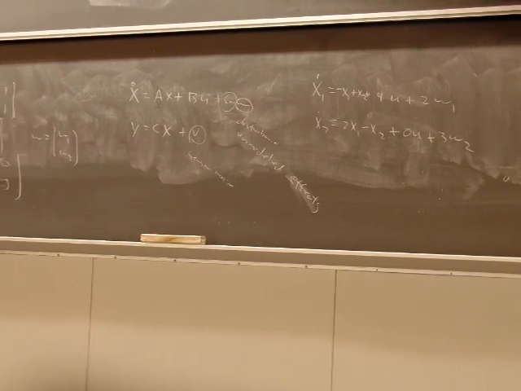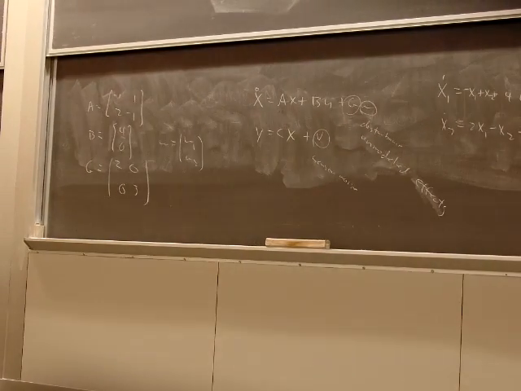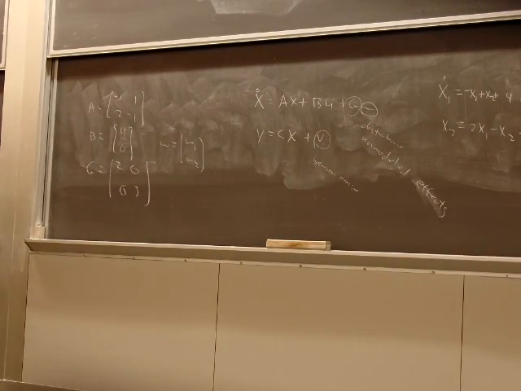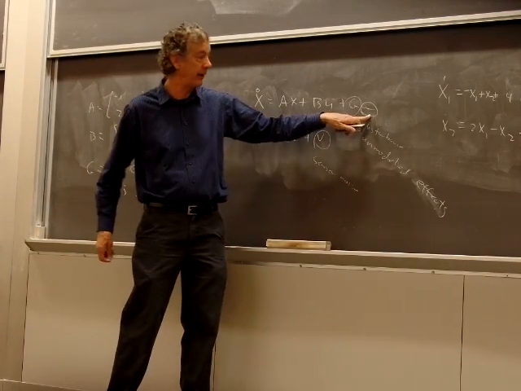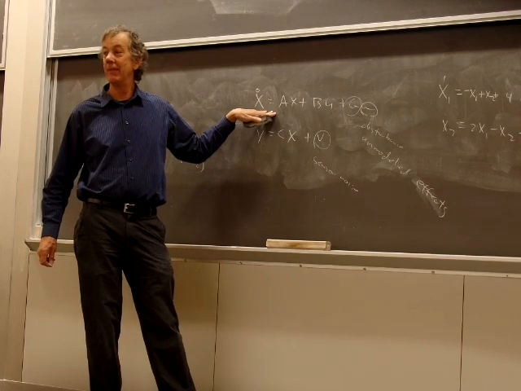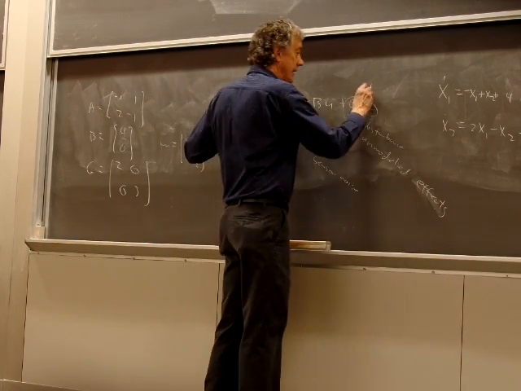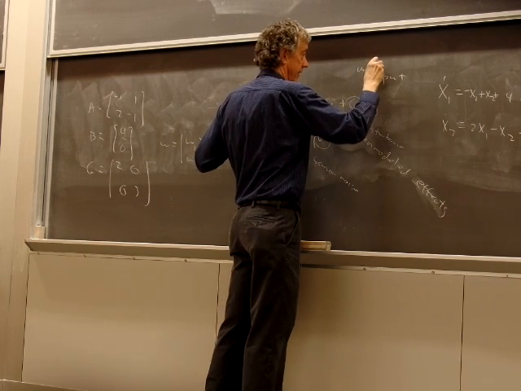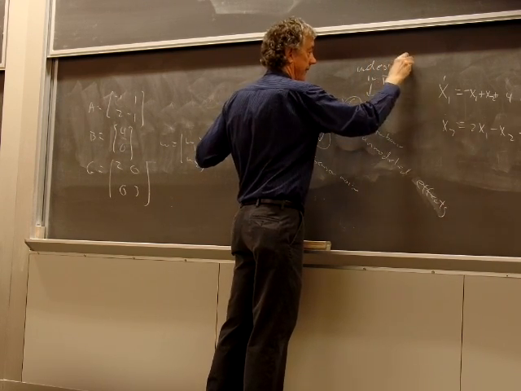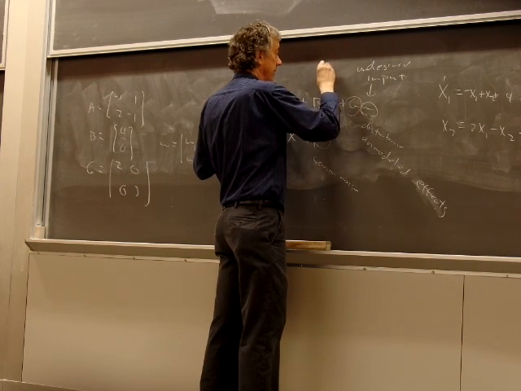What's G stand for? It is like a B matrix. It says how do these disturbances or unwelcome effects affect our state equations? So this is an input, but it's an undesired input. This is the desired input.